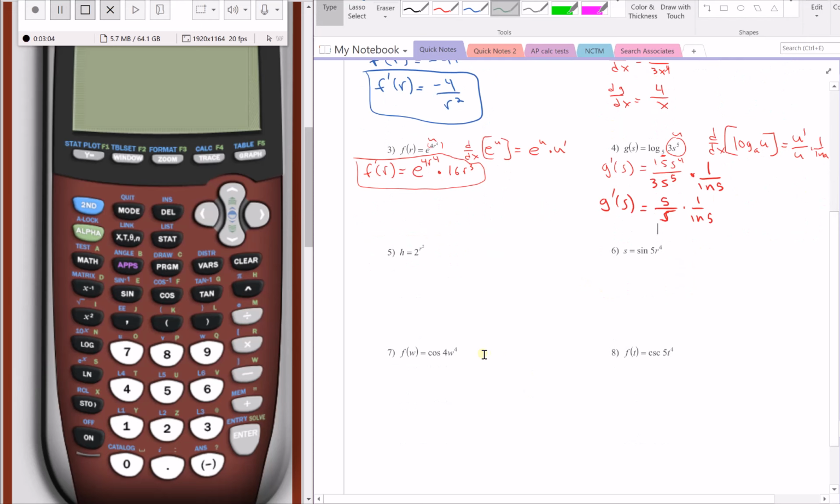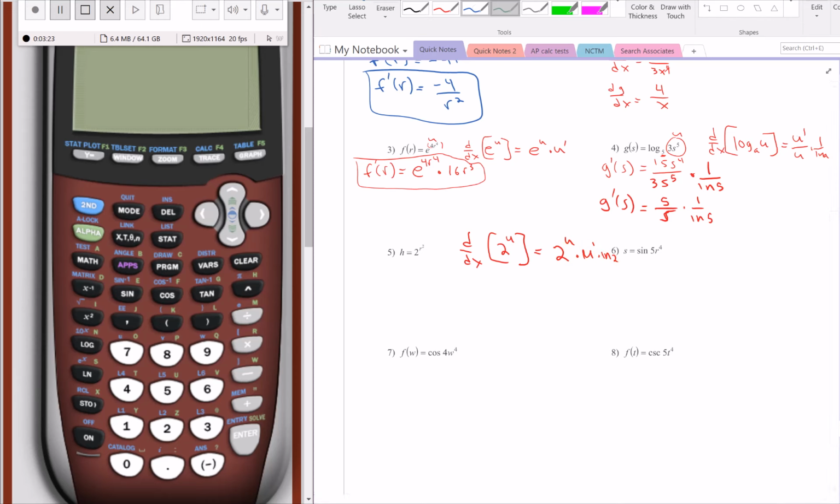Next one is this exponential. Remember the derivative rule for exponential: if I have 2 to the u power, the derivative of 2 to the u power is 2 to the u power, much like e, but then I have to multiply by u prime times natural log 2.